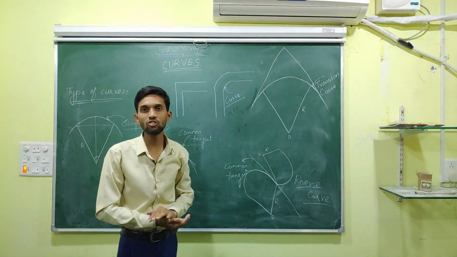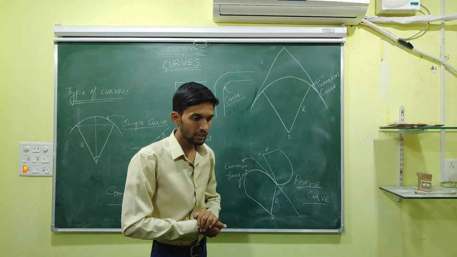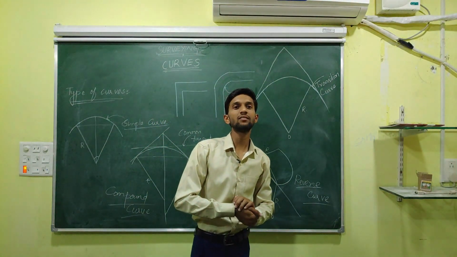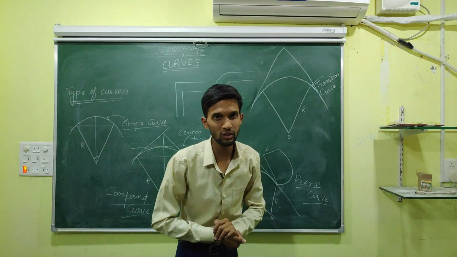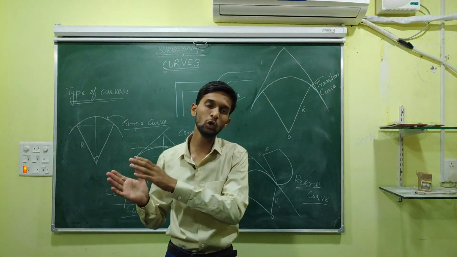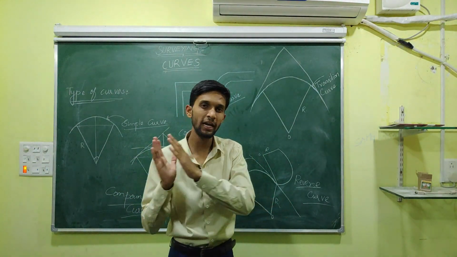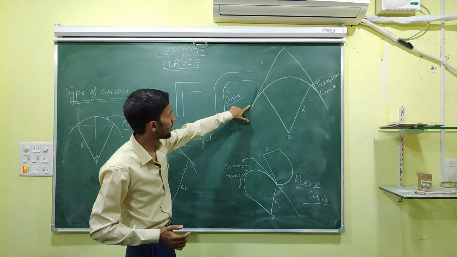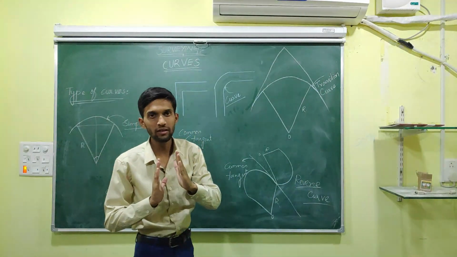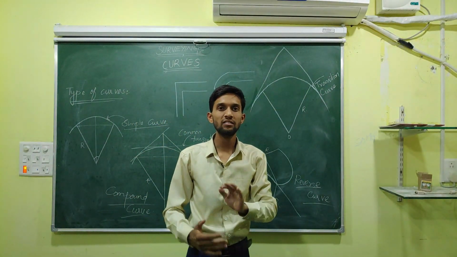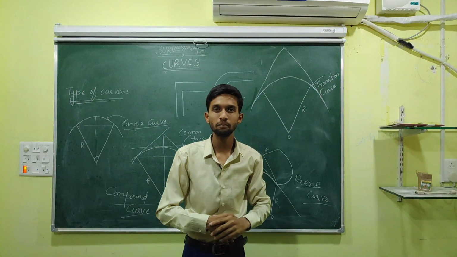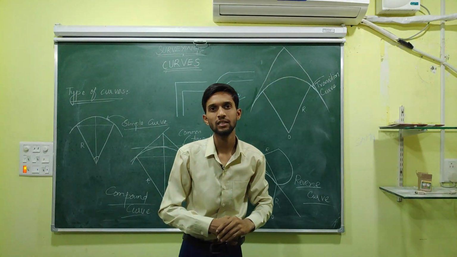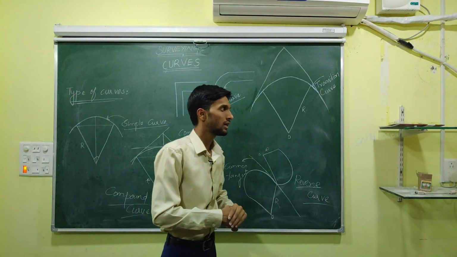When we go to the transition curve, it is the curve whose radius is reduced from infinity to a finite value. Let's see, the curve starts from a straight line. As we know, a straight line has an infinite value of radius.